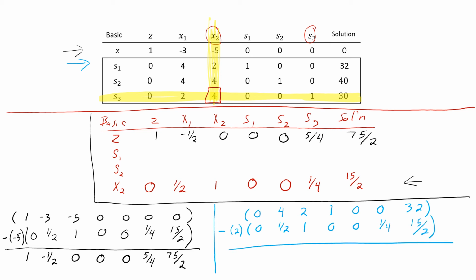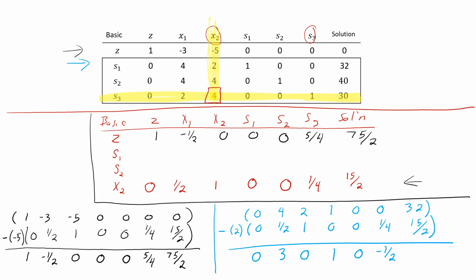So what do we get when we add these up? We get 0. 4 minus 2 times 1/2 becomes 3. 2 minus 2 times 1 is 0. That is a 1 and a 0. This is 0 times -2 times 1/4 becomes -1/2.